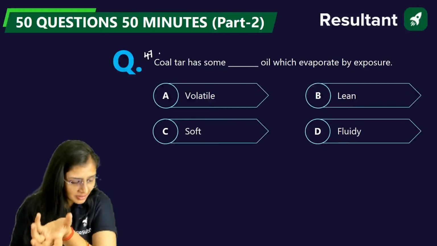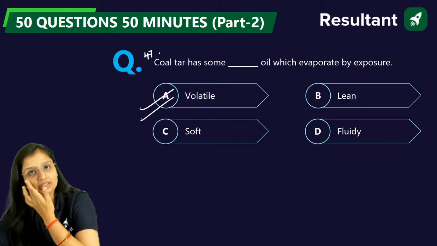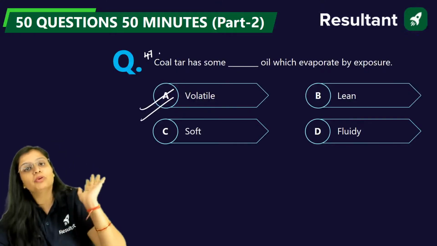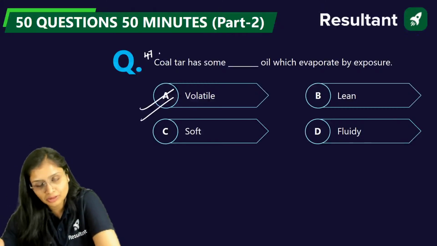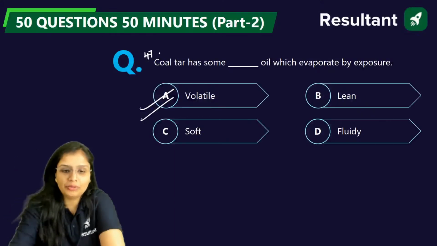It is understandable from the name itself. It has some volatile oil. Volatile means which will vaporize, fly away. So coal tar has some volatile oil which will evaporate by exposure. Whenever you expose it due to temperature etc., it will evaporate.